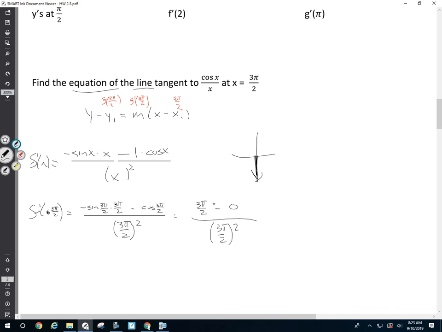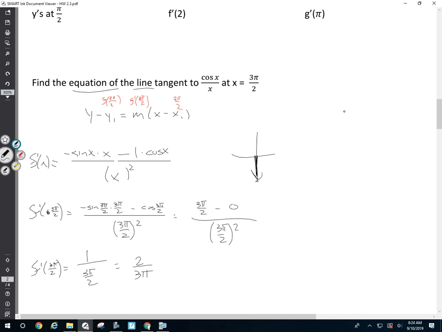If I have 3 pi over 2 divided by 3 pi over 2 squared, we will have simply a 3 pi over 2 in the denominator. So I'll have 1 over 3 pi over 2, which I can simplify to be 2 over 3 pi. This is totally fine to get. That is the slope of my tangent to this function at 3 pi over 2.